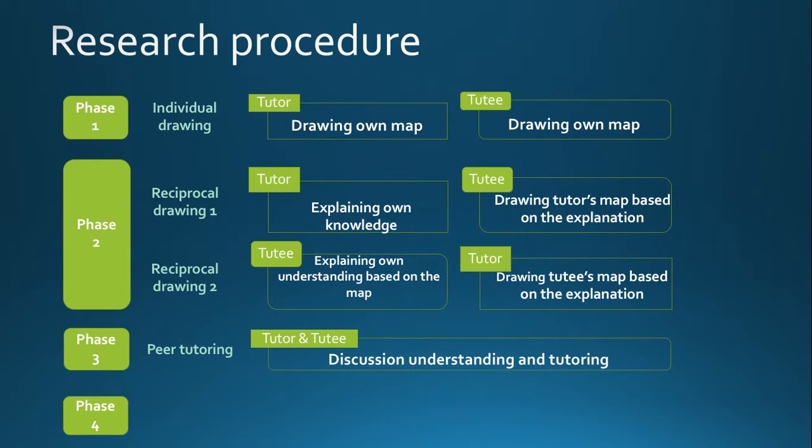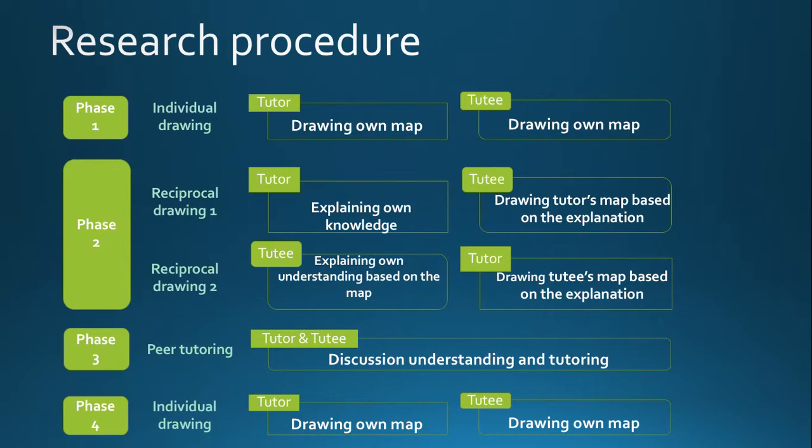Then at phase 3, tutor and tutee will do peer tutoring, so they discuss their understanding and teach each other. At phase 4, after finishing peer tutoring, tutor and tutee will draw their own concept map one more time individually.